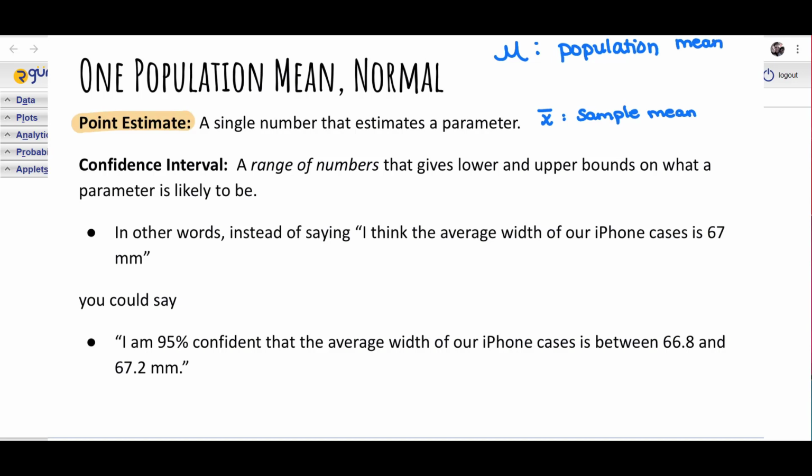And since we're also talking about the other parameter, population proportion, I might as well go ahead and write that down as well for you. Population proportion. As a point estimate, you would start off with a sample proportion. That is considered a point estimate as well, and that notation is P with a caret on top.